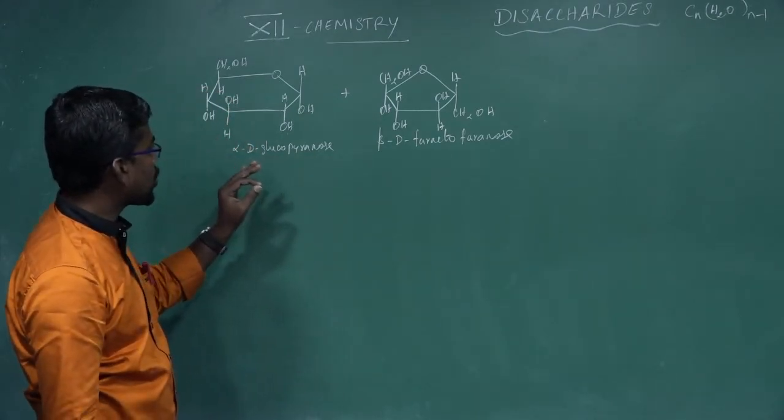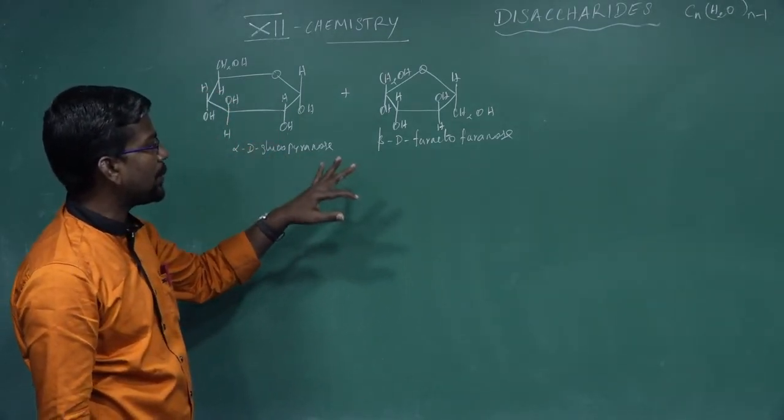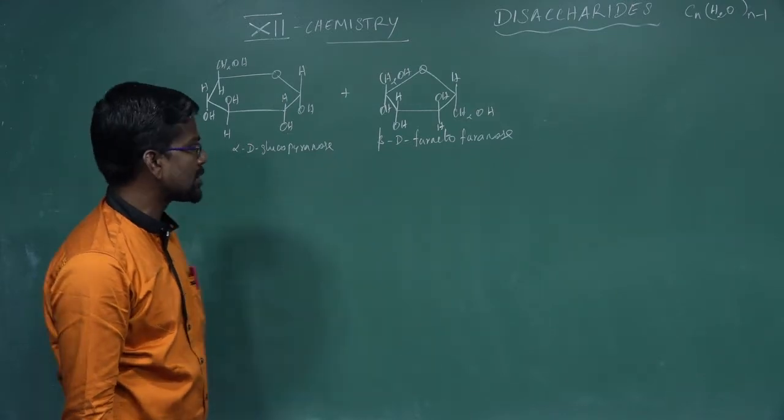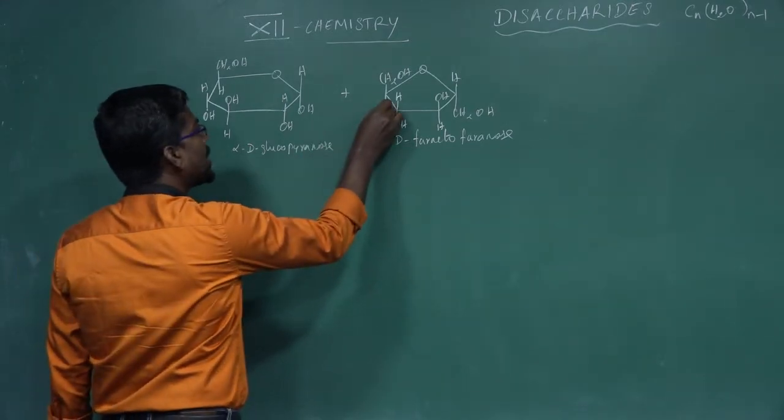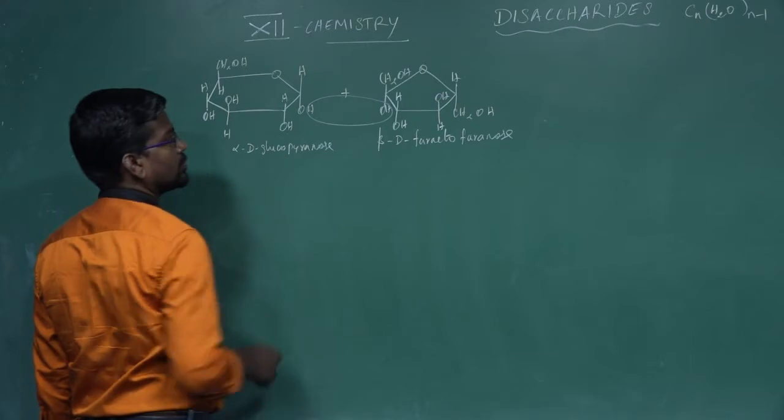So alpha D glucopyranose can be combined with beta D fructofuranose along with the removal of a water molecule, H2O.